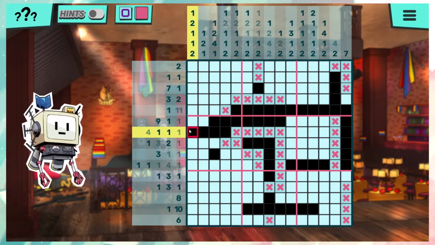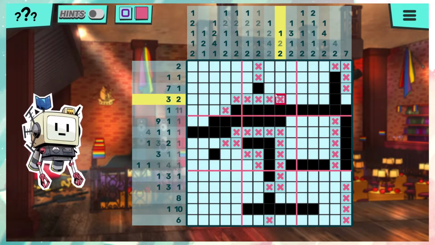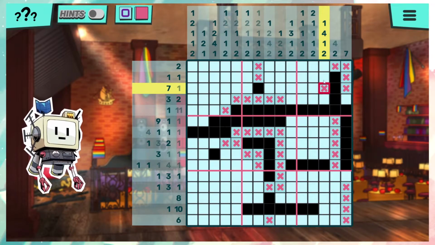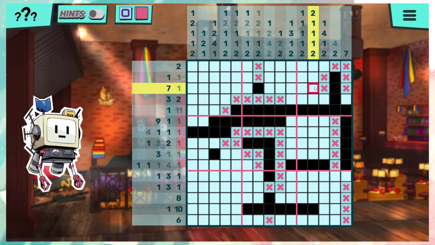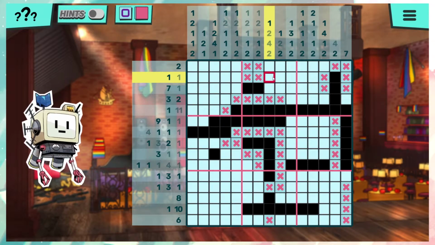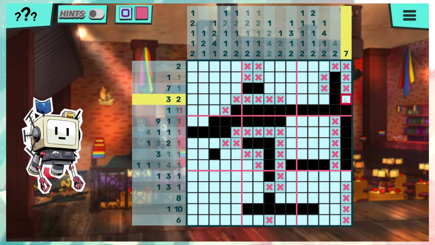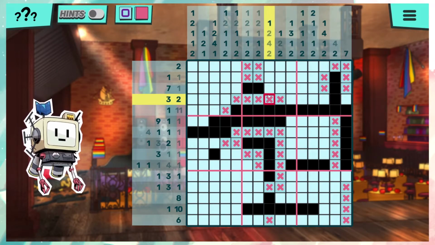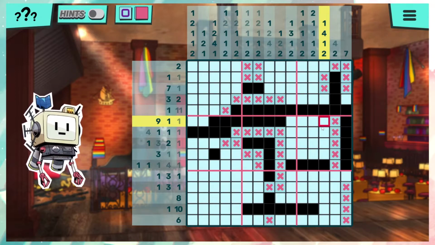Where else do I go? Where else do I go? I am very lost. Can somebody please provide me a map? Thank you very much. Would be much appreciated. 1, 2, 3, 4, 5, 6, 7. Okay. Now what? 1, 2, x, 1, 3, 2 can fit here. How about, we don't know if this is the 1 or the 4, right?